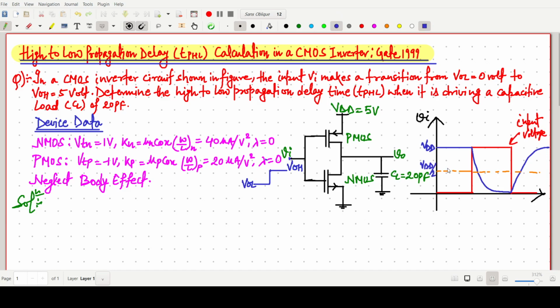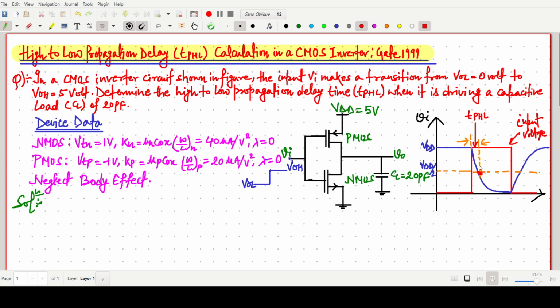First we have to identify which part is our tau PHL. Okay, so this portion is our TPHL, propagation delay, when it goes down from VDD to VDD by 2.